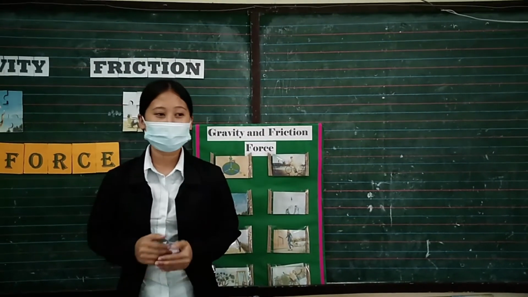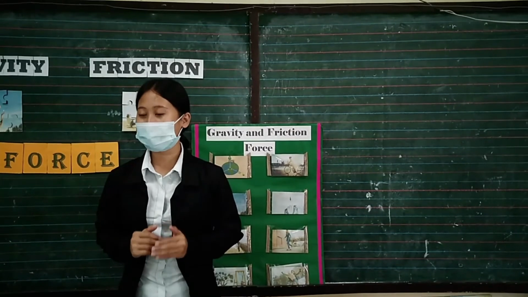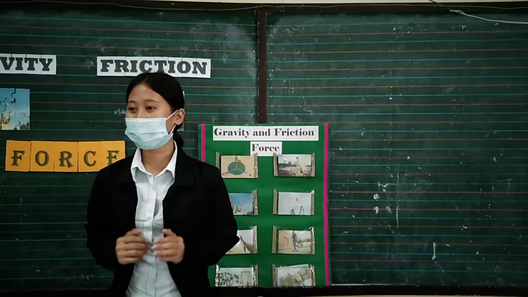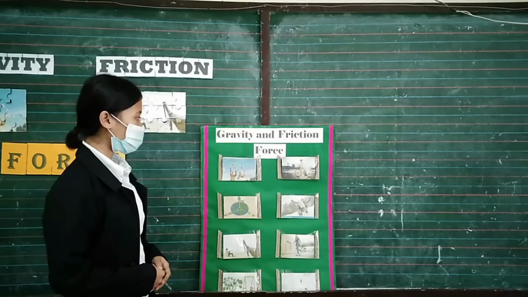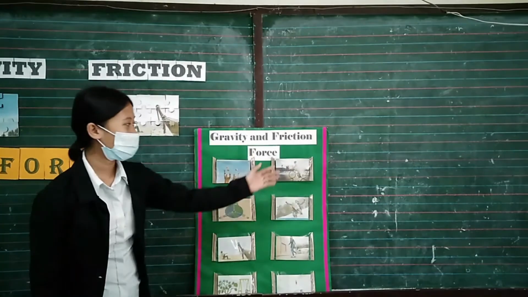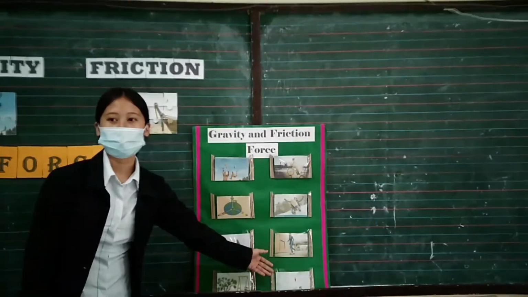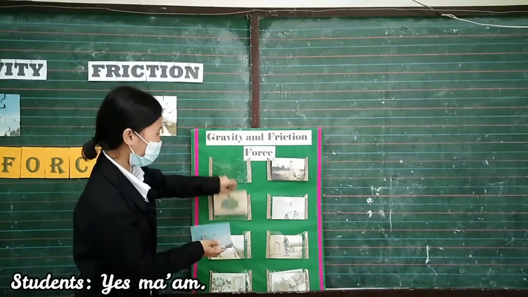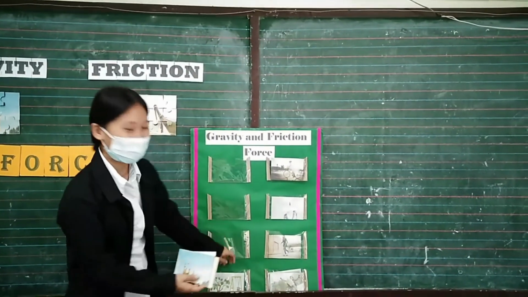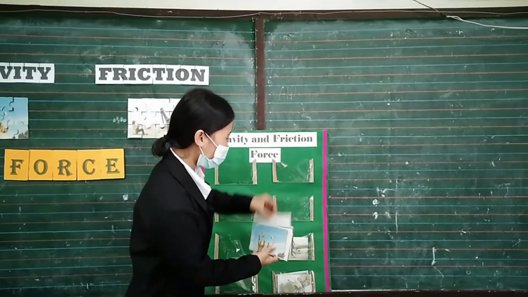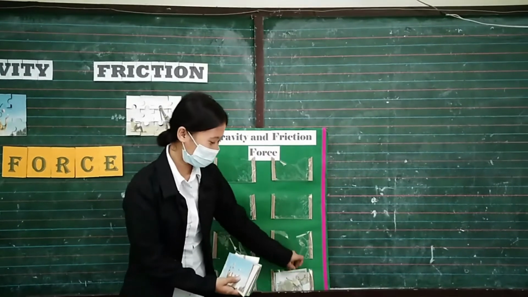And if you think that the picture that you receive is not an example of gravity or friction force, then you have to provide your own example. And also, this side will be the gravity and this side will be the friction. Is that clear? Very good. Are you ready? Okay, so let's start now.